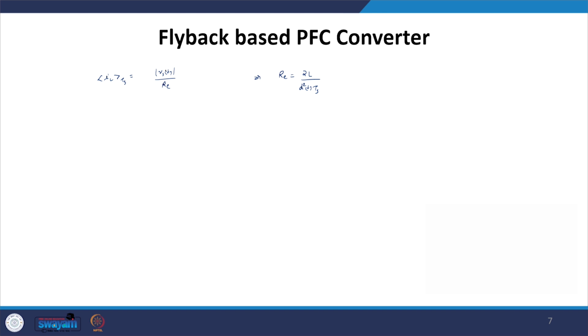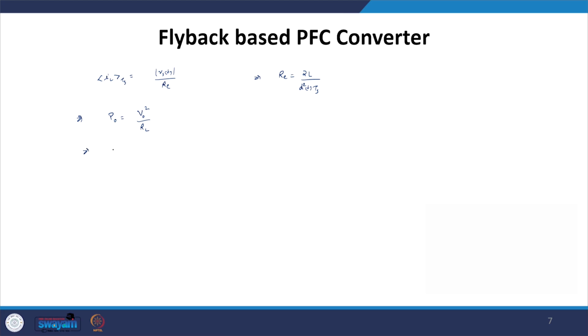Now if we see this particular circuit, we can do a very simple thing. We can write a simple analogy where the average power at the output P naught is nothing but V naught square by RL, where RL is my output load resistance.